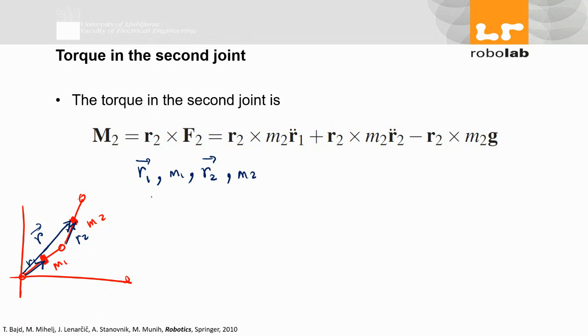And we also define R as 2R1 plus R2. So this was the initial point.